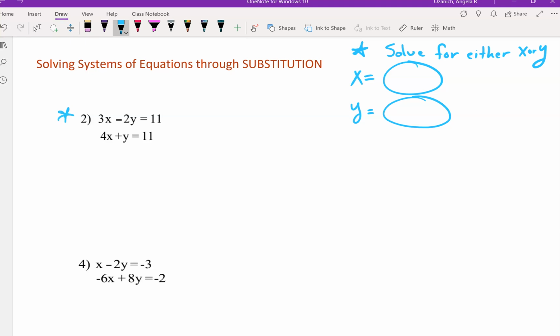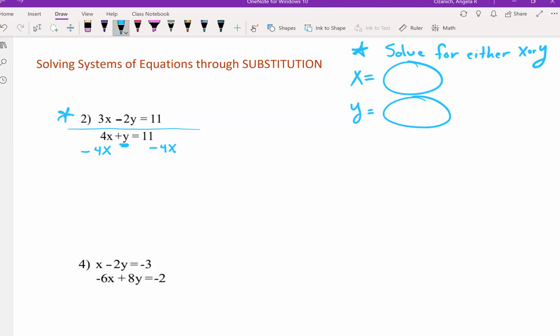For this particular problem, I'm going to go ahead and solve for this y right here. Okay? And I'm going to do that by subtracting 4x from both sides of this bottom equation. See how I have two equations here? I'm just working with the bottom one right now.